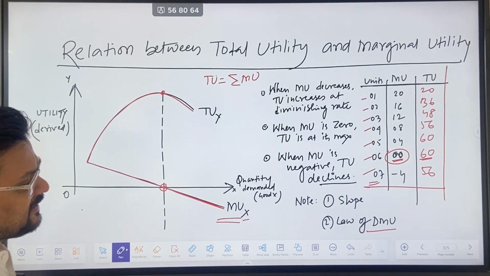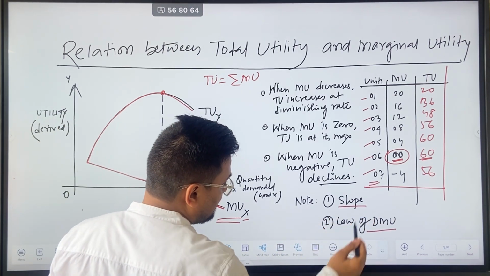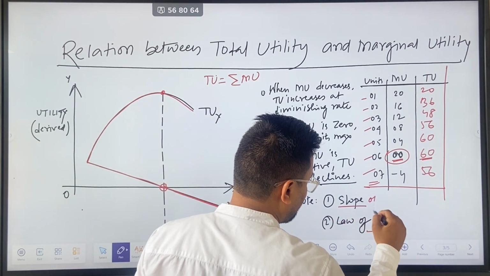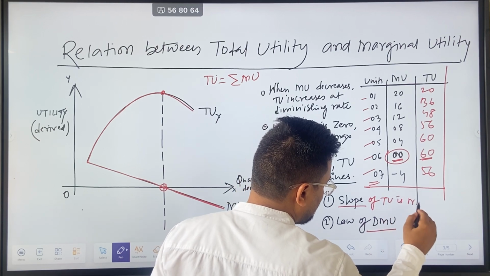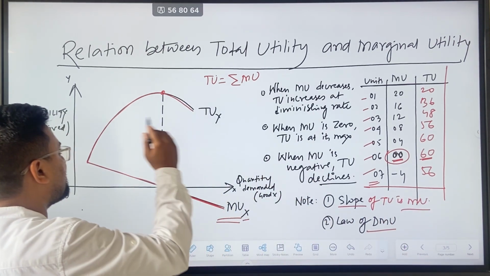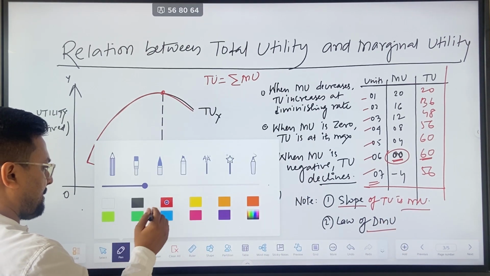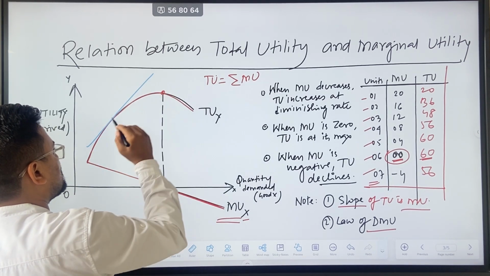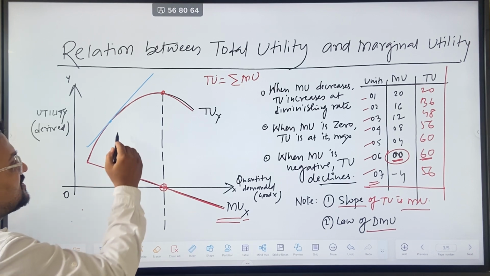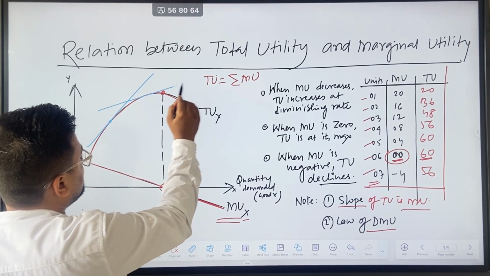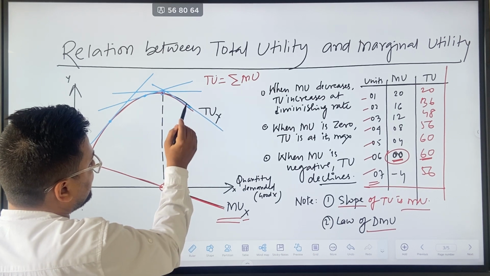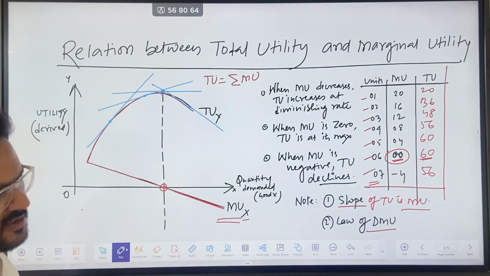One more important thing is the slope. Remember that the slope of TU is MU. Slope of TU is MU. So when we are finding the slope by drawing a tangent at different points, what we are getting is the marginal utility.